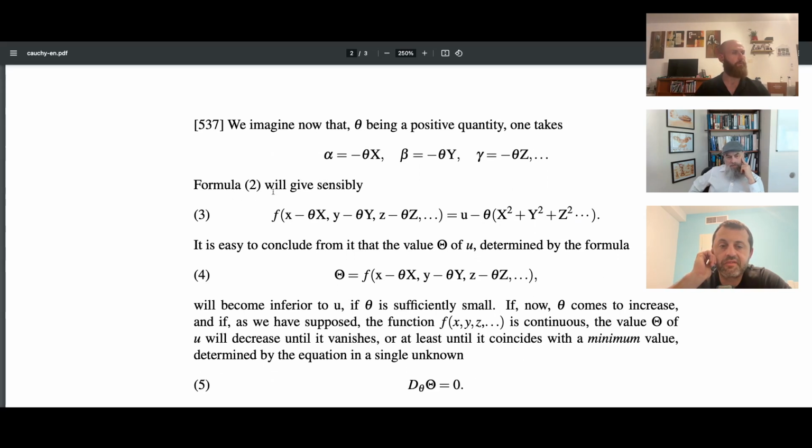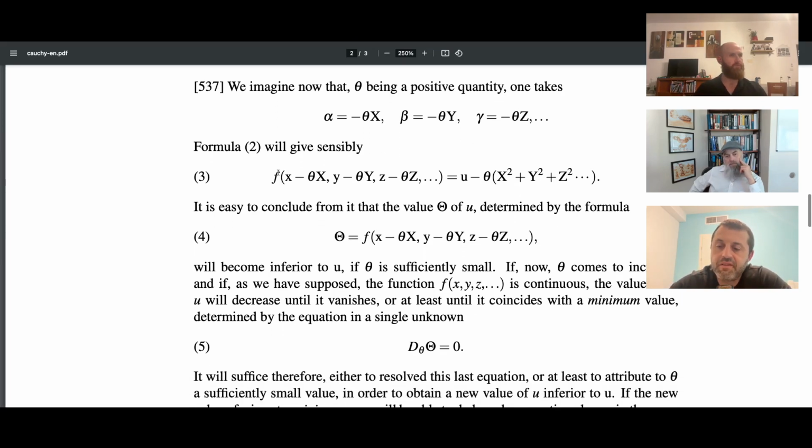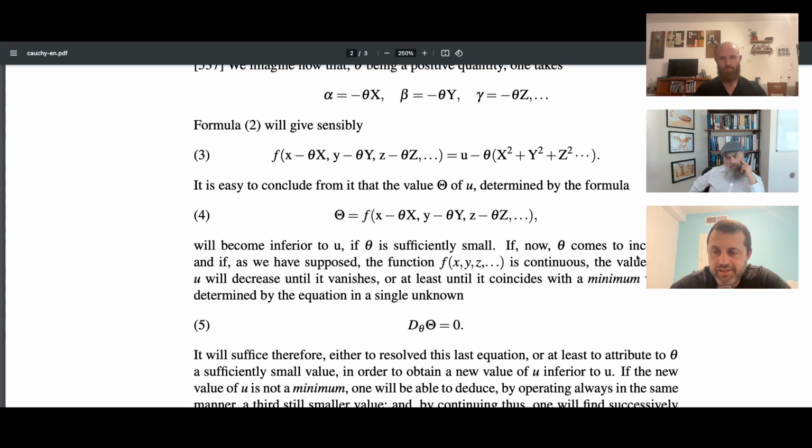Okay. Then he says, we imagine now that theta is a positive quantity, one takes alpha to be minus theta times capital X, again the derivative, beta to be minus theta times capital Y, and gamma to be minus theta times capital Z. And then this theta is known as the learning rate in machine learning and deep learning.